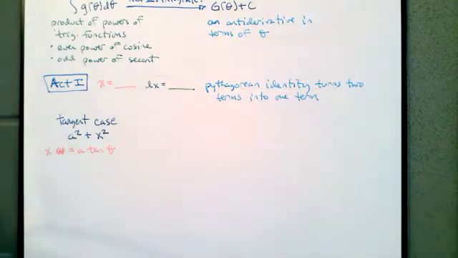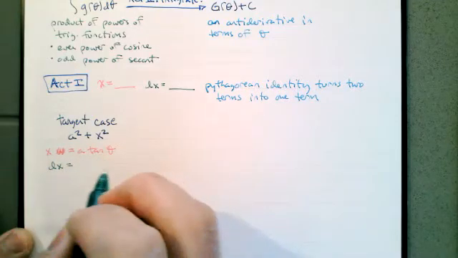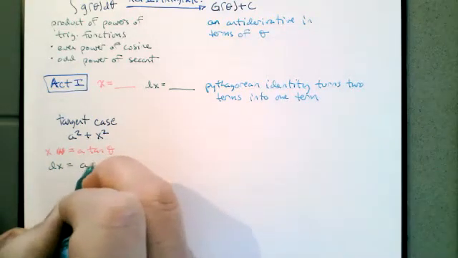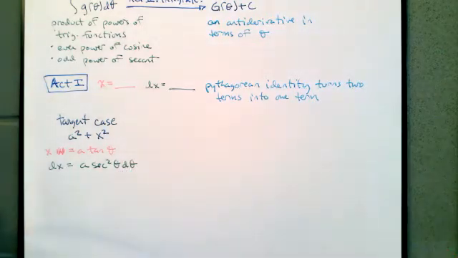If x is a tangent of theta, then we take the derivative dx. The derivative of tangent is secant squared, and that's how we translate the dx into a d theta. And then we're going to need the fact that 1 plus tangent squared is equal to secant squared.